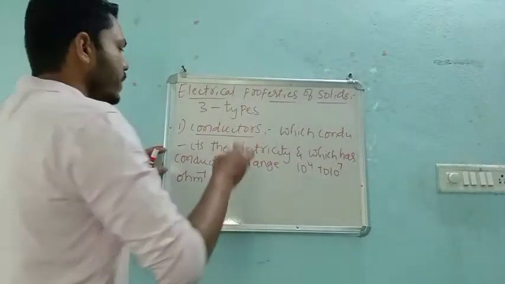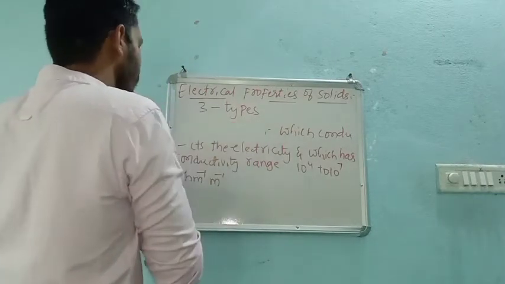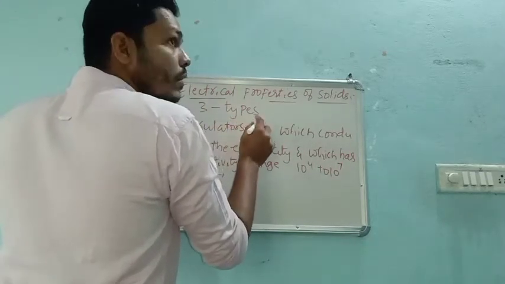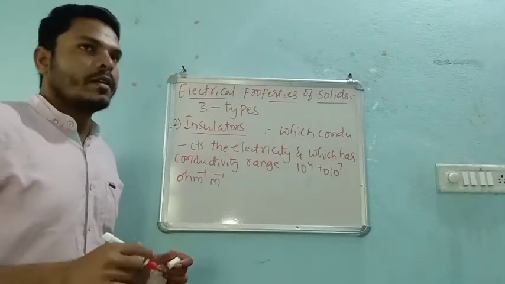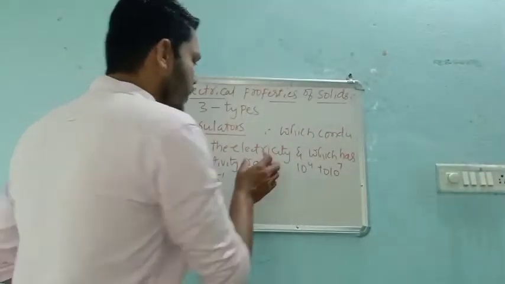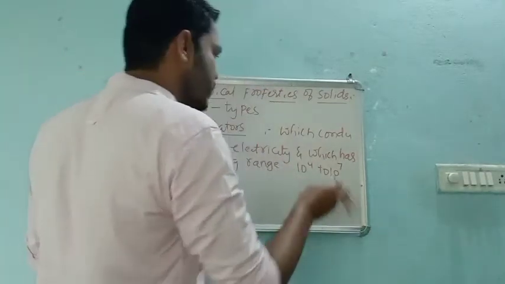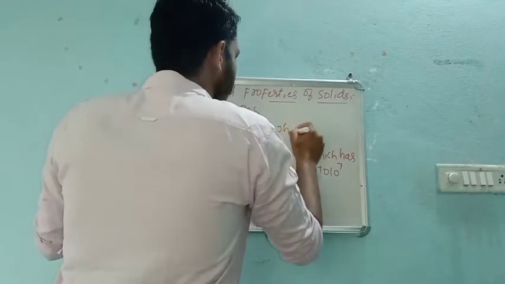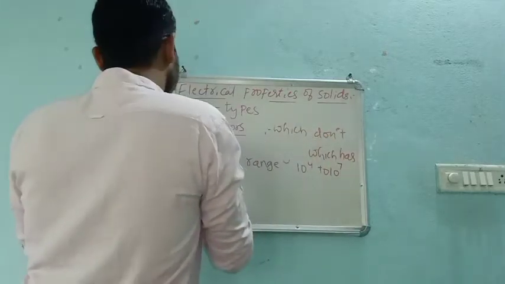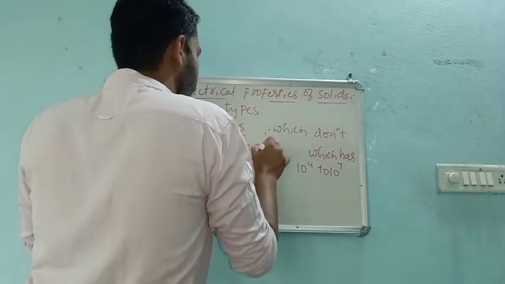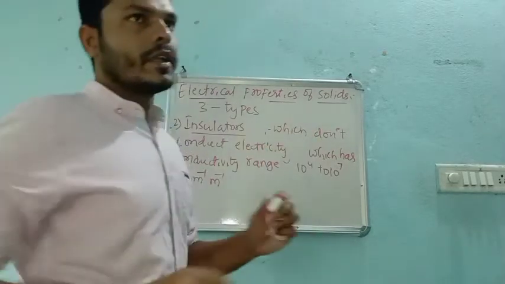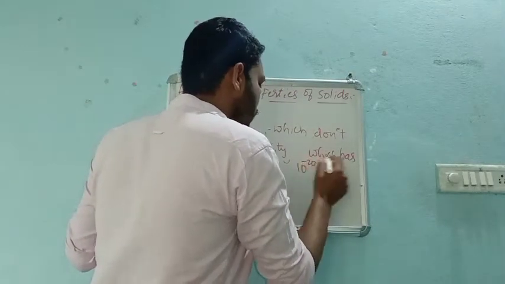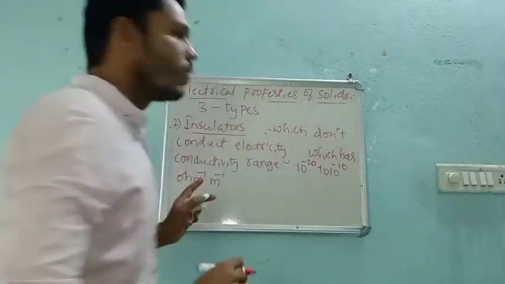Coming to insulators. Insulator means it does not conduct electricity, or does not pass electricity through it, and has a conductivity range from 10 raised to minus 20 to 10 raised to minus 10 per ohm per meter.